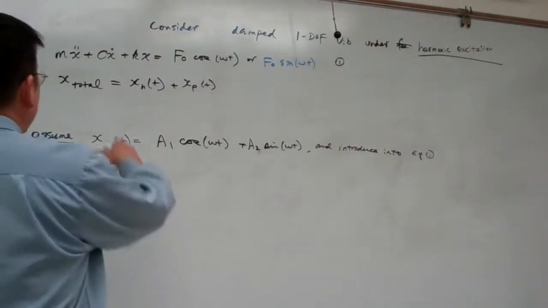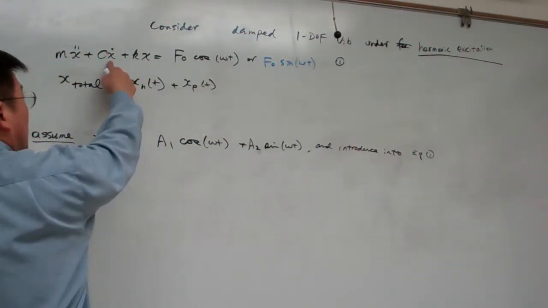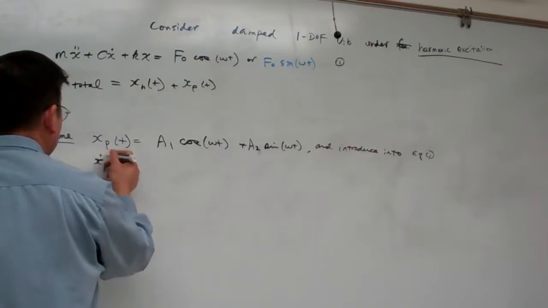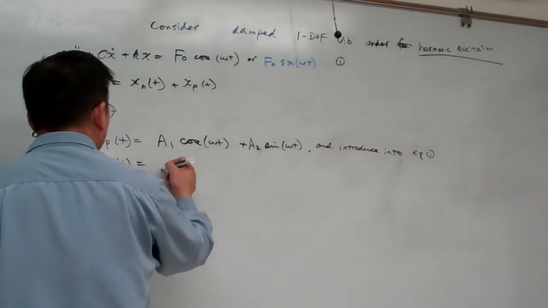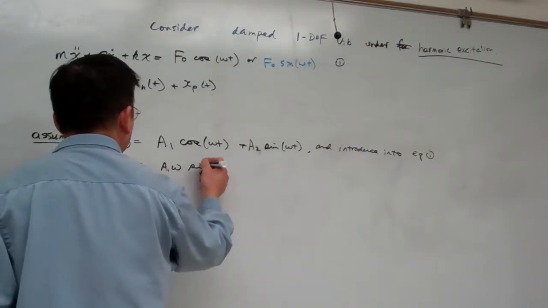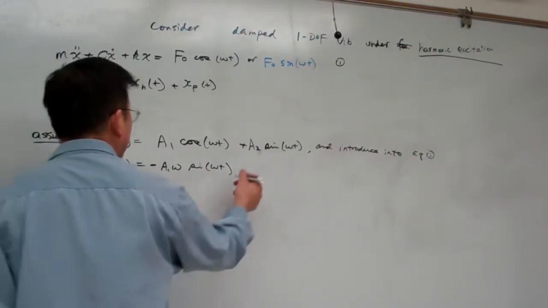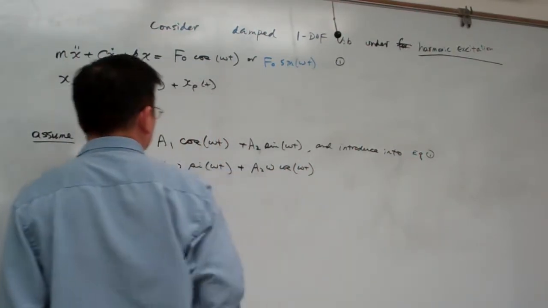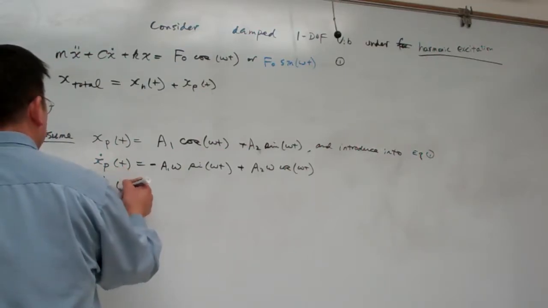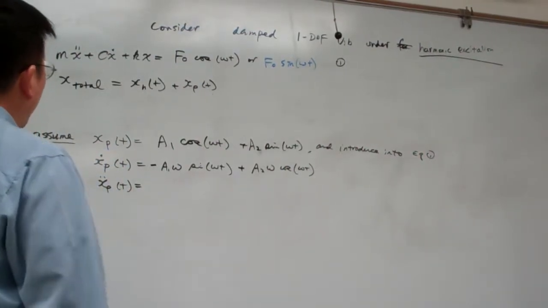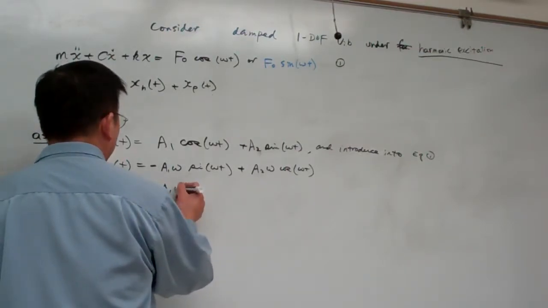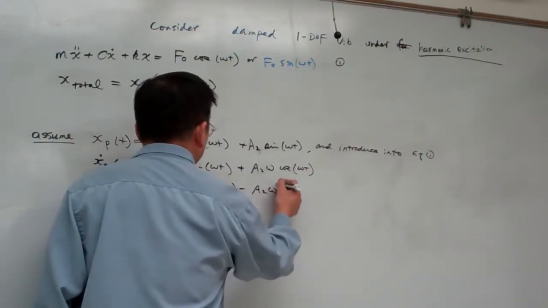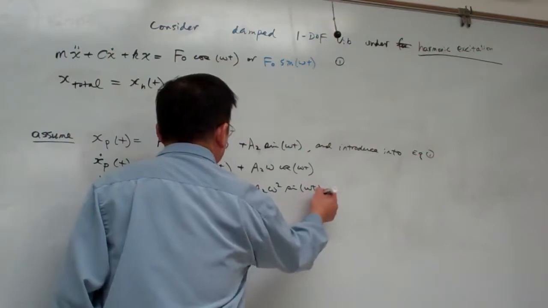For this one, because here we assume x, we need to know the first derivative and the double dot. So here we just do this. The first derivative is minus A1 omega sine omega t plus A2 omega cosine omega t. And then x_p double dot will be equal to minus A1 omega squared cosine omega t minus A2 omega squared sine omega t.